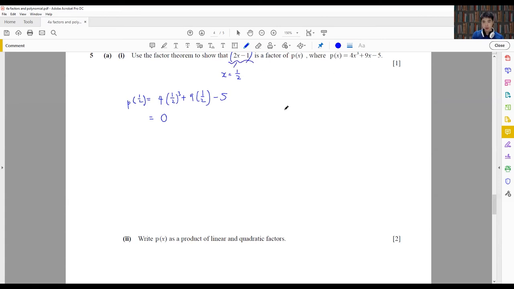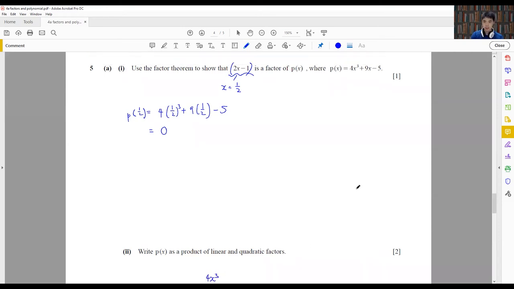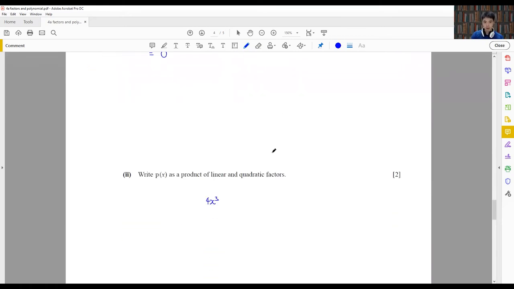And to get the quadratic factor, what we need to do is use the long division method. So we need to use 4x cubed. Now, what you can see here is they actually skipped x to the power of 2, meaning to say it's actually 0x squared. But for the long division method, you need to actually write it down, 0x squared.